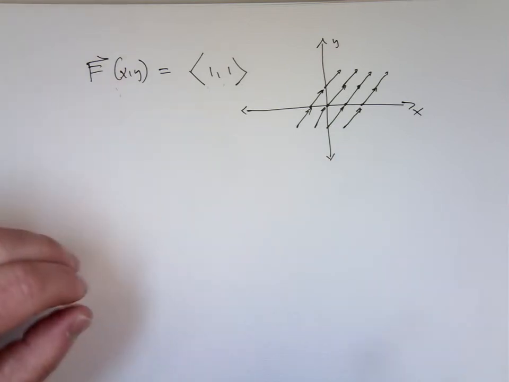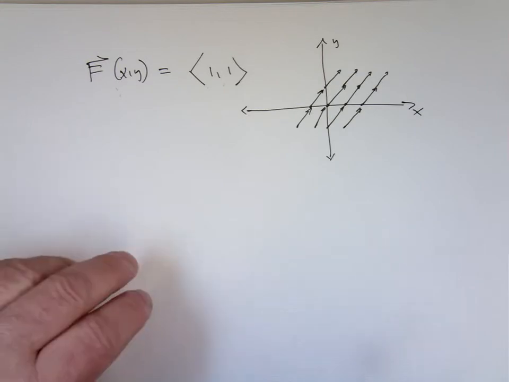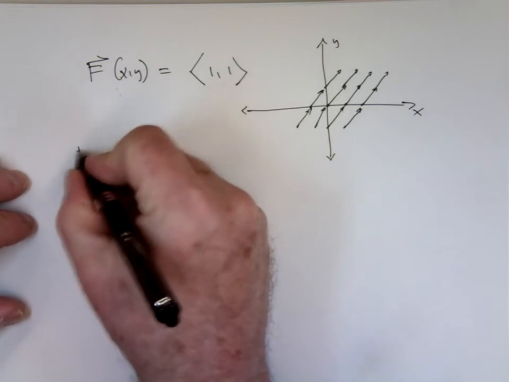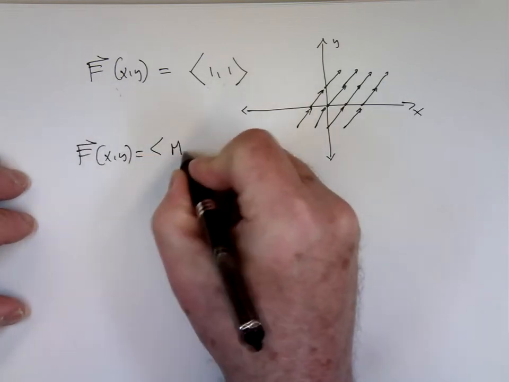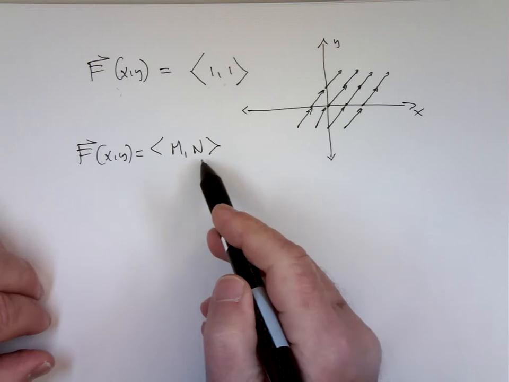Go ahead. How did you get that equation on the last one, like the square root of 4x squared? What is that? The magnitude of a vector here. Generally speaking, they're represented by m and n for some reason. I don't know why. M and n are functions of x and y.